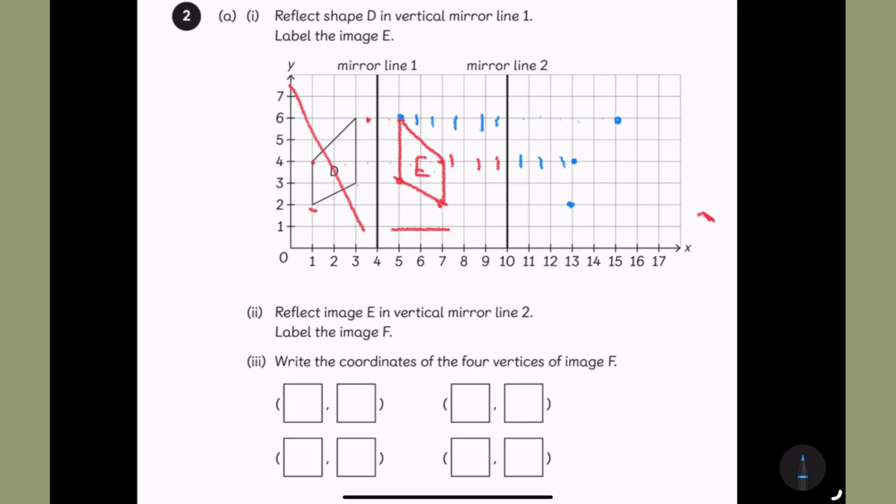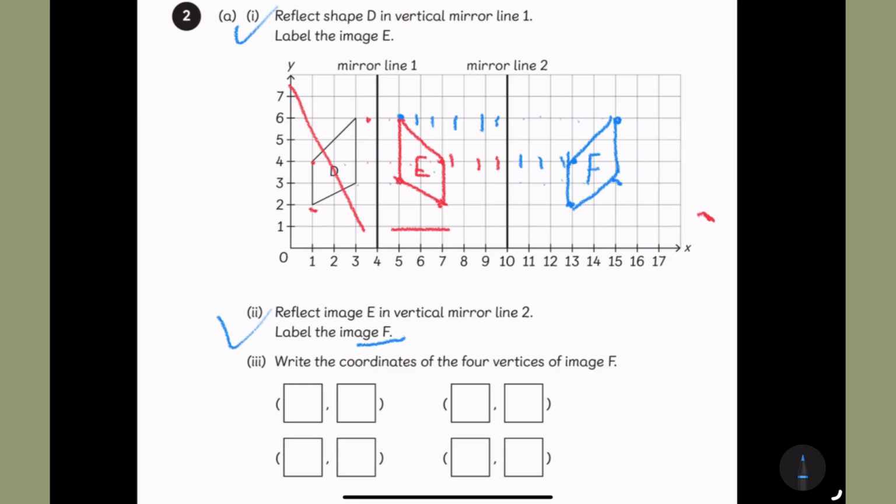So here is my 3. Now, my last one, that is this one, is also 5 counts, but 1 up. So 1, 2, 3, 4, 5. Right? Now I will join this figure and label it as F. Okay, so my second question check, first question check. Now it's saying that you have to label this as F. That's why I labeled it as F.